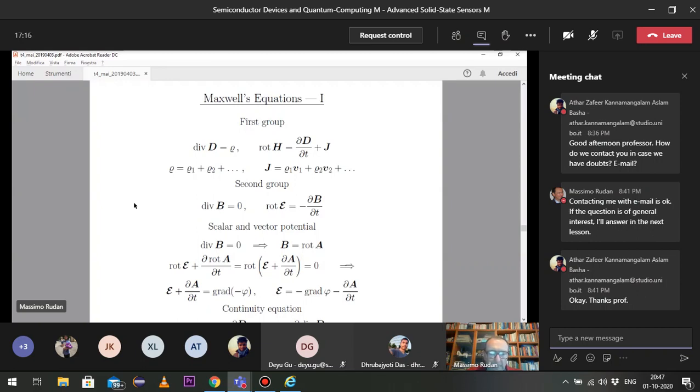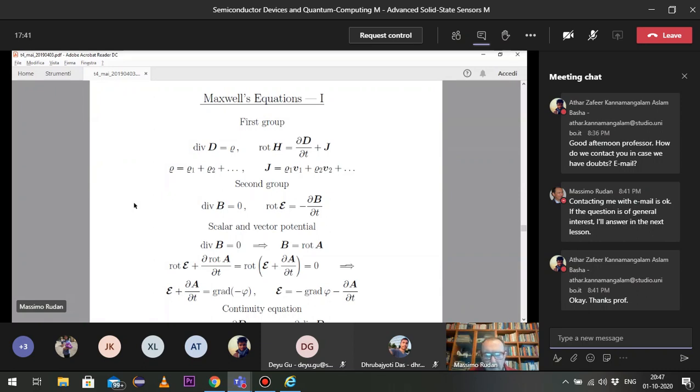Okay. How do we introduce them? Well, from the first equation of the second group, divergence of B is equal to 0, it follows, as you remember from calculus, that B can in turn be expressed as the rotational of another vector that we call A, and A is the vector potential, okay?